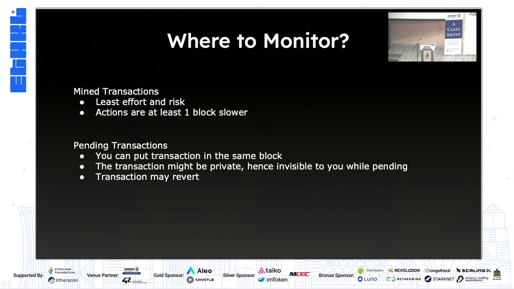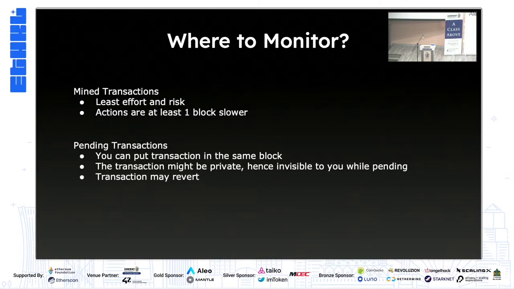A better approach would be to look at pending transactions, or some people call it mempool transactions. If you see the transaction in the mempool, you can immediately send your order and expect that your transaction happens in the same block as the transaction that you are spying on.